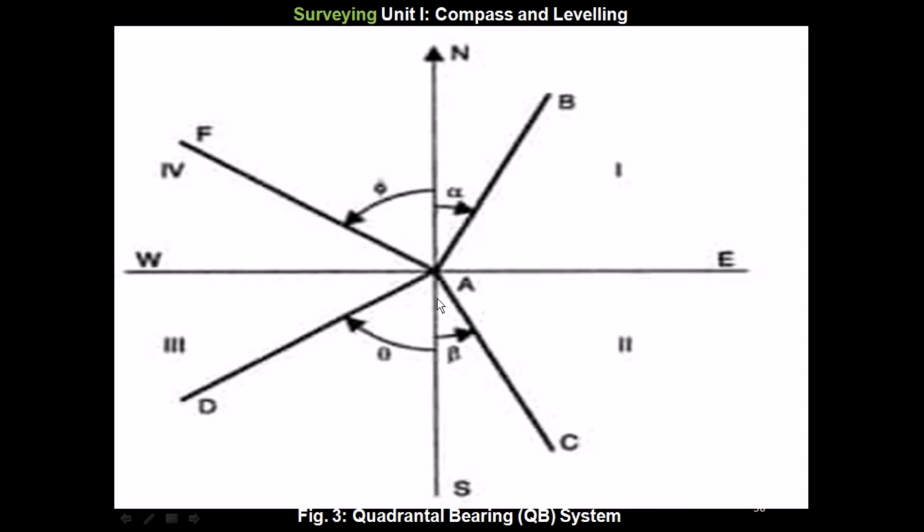Then the line AC is made with the south towards east. Then AD line is made with the south towards west. We can say this as theta. And the angle made by the line AF with north towards west, that is phi. This is the quadrantal bearing system.